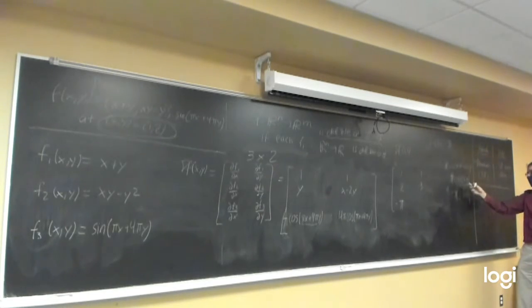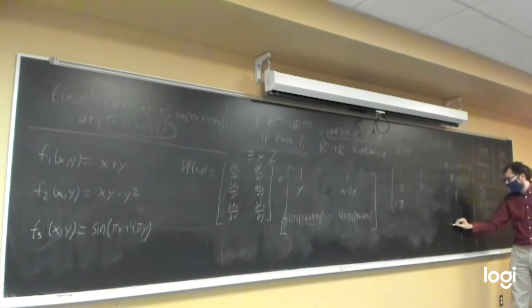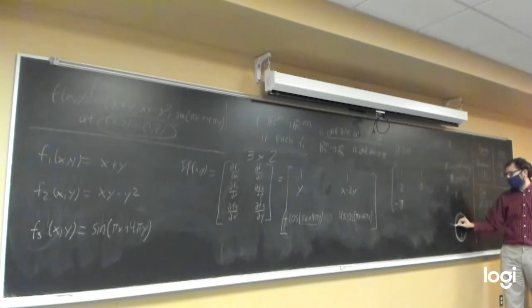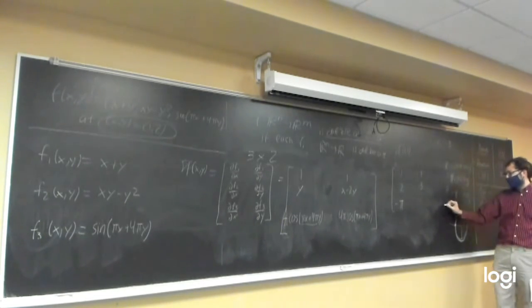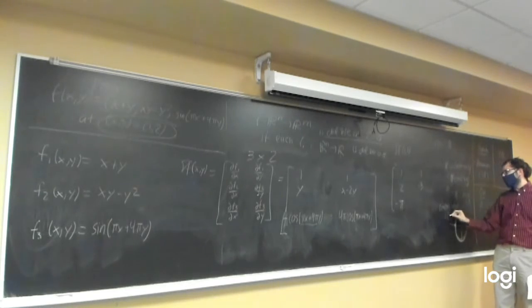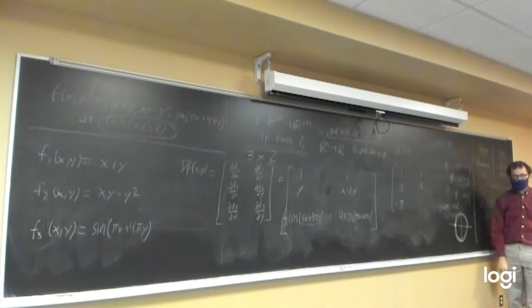The reason why cosine of 9 pi is the same as cosine of pi is because if we were to go around the unit circle 9 pi units, 2 pi will take us to where we started, 4 pi will take us to where we started, 6 pi will take us to where we started, 8 pi will take us back to where we started, and then 9 pi means we go out pi units one more time, and we're looking at this point, so that cosine of 9 pi comma sine of 9 pi is just going to be negative 1 comma 0 here.